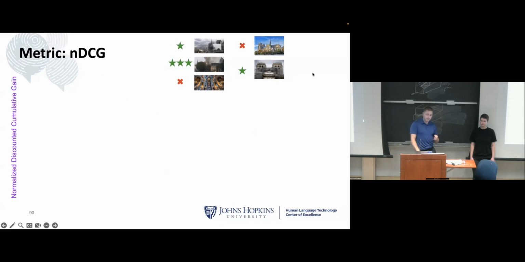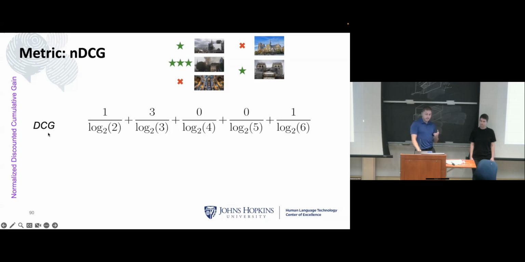So here, if we take these 5 examples, where the first one was somewhat relevant, second was very relevant, 3 and 4 were not relevant, and 5 was somewhat relevant again, we first compute the discounted cumulative gain. So we used a 3-1-0 scoring system, where very relevant was scored as 3, somewhat relevant as 1, and not relevant as 0.